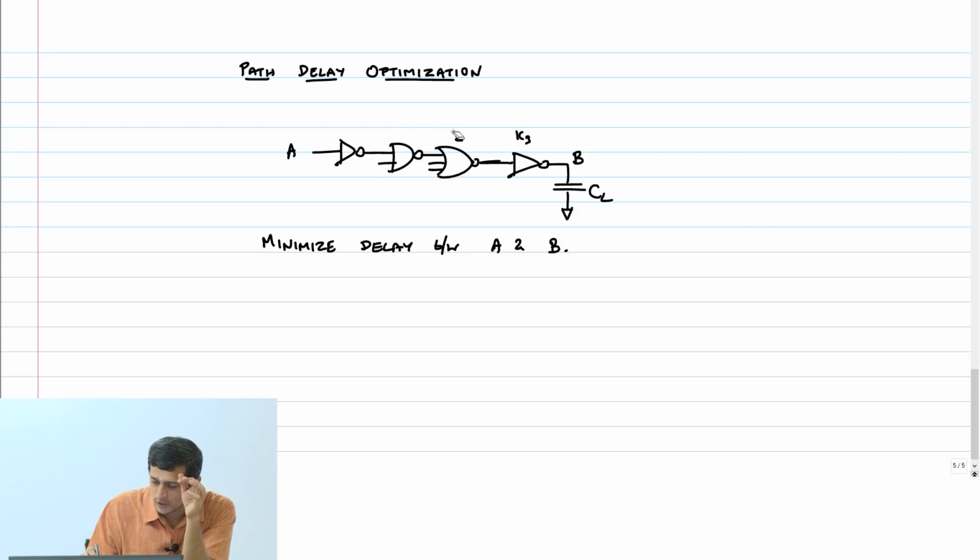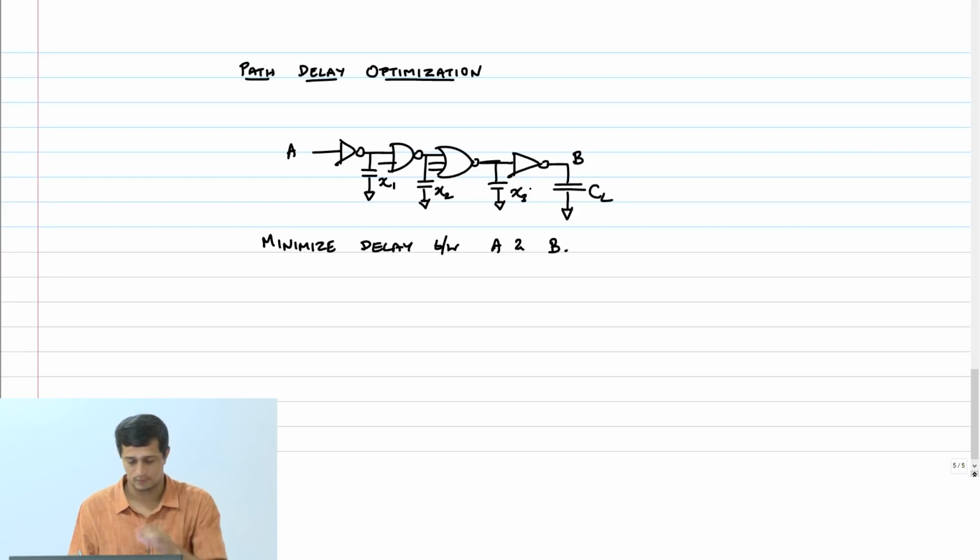So instead of choosing the drive strength as my variables, I am going to choose the capacitance here. Load capacitance X1, this capacitance X2 and this capacitance X3 as my variables.